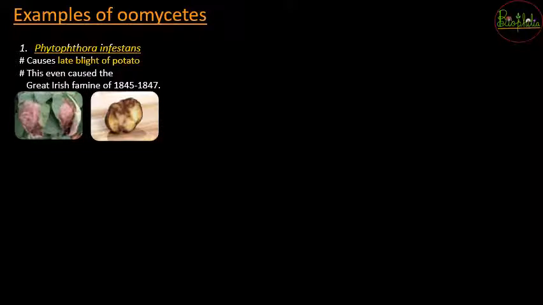Late blight of potato is a disease that infected Ireland, and you must have read about it in history, it was called the Great Irish Famine. So this Great Irish Famine was caused because of this fungal growth causing the late blight of potato. You can see in the photograph that it completely destroys the production of potato, which caused the Great Irish Famine.